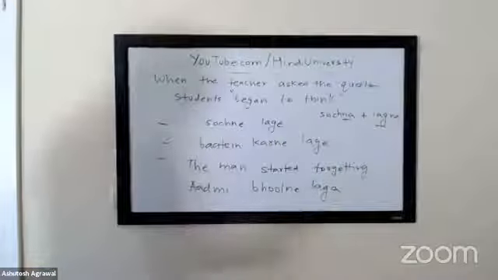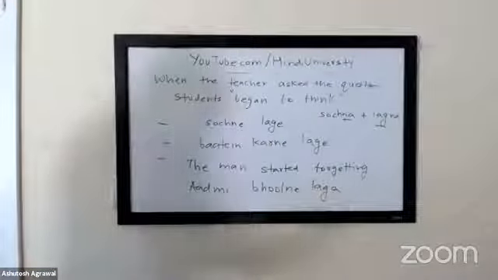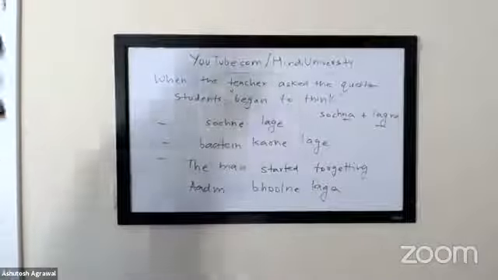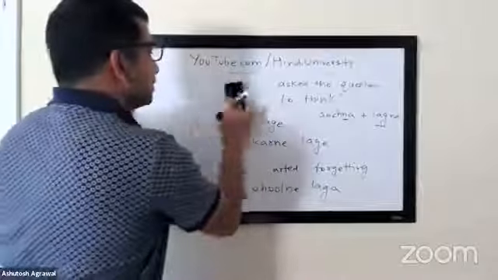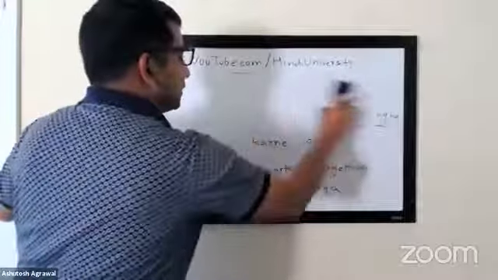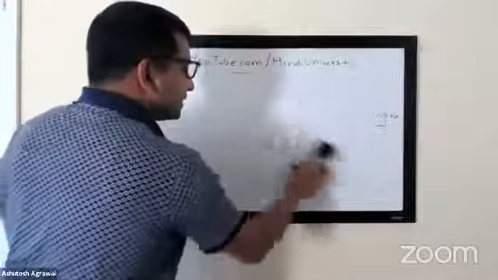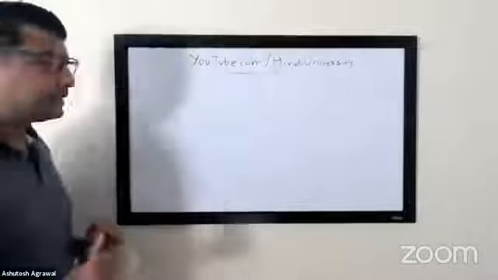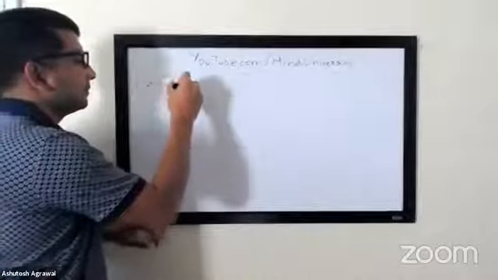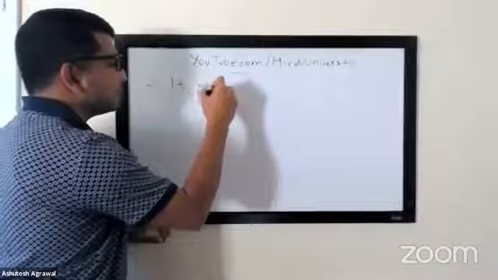Let me give some more examples. Maybe that will get you guys thinking a little bit more. So let's say the scenario we have is that you are going out and all of a sudden it started raining. Okay, how will you say that in Hindi? All of you can write in chat.